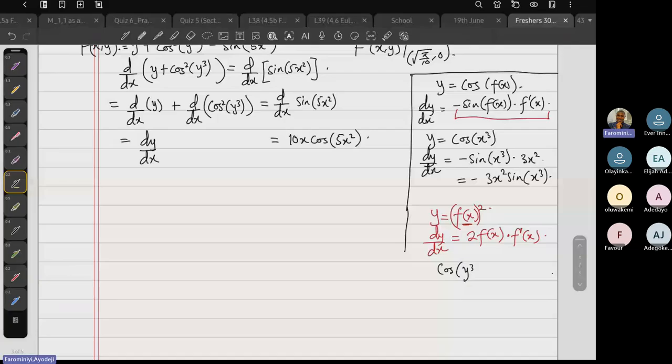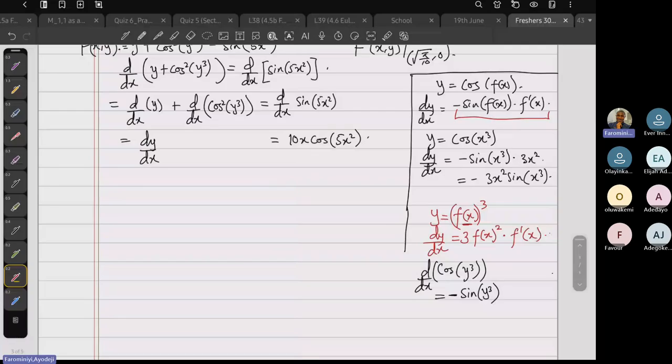So what's the derivative of cos y cubed? The outer function is cos, so this will be negative sine y cubed. The inner function is y cubed, which is like this one that we did here. If it is f of x cubed, it will be 3 times f of x squared times the derivative of f of x. Okay, that is chain rule: the derivative of the outer function times the derivative of the inner function.